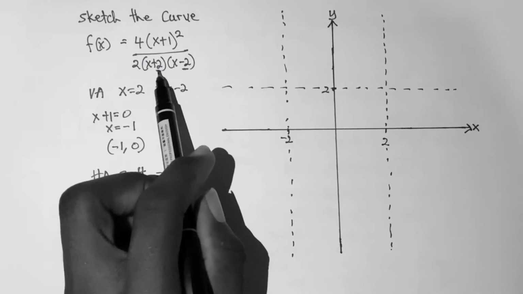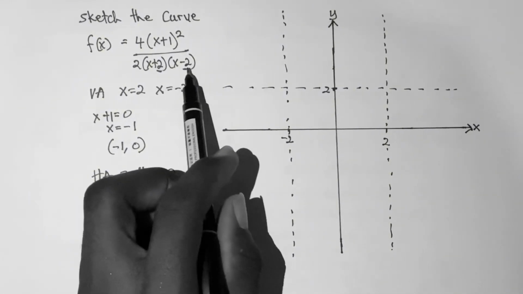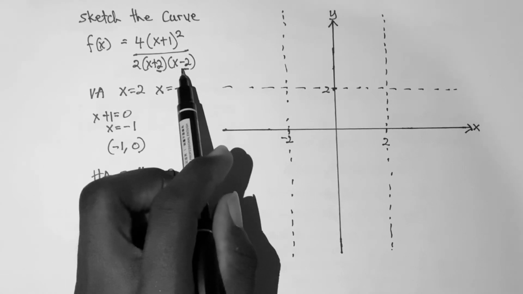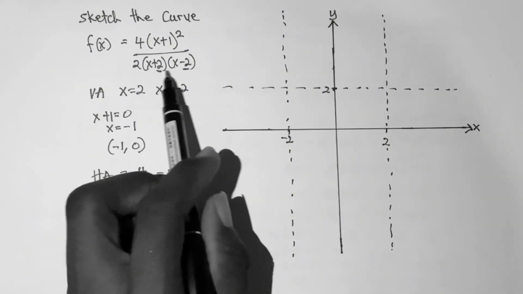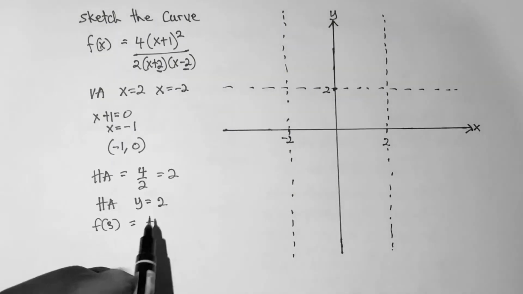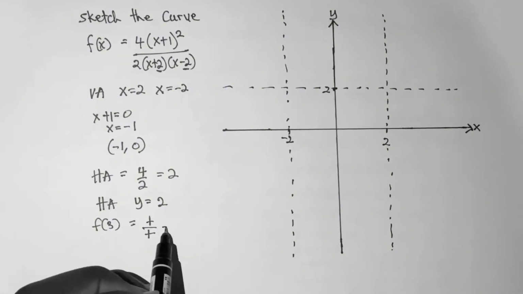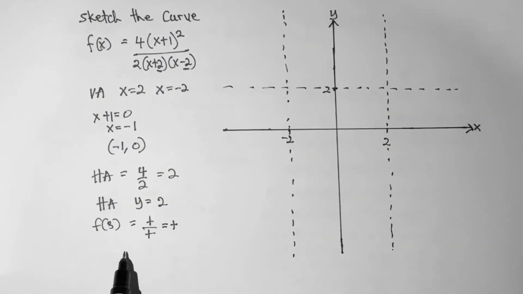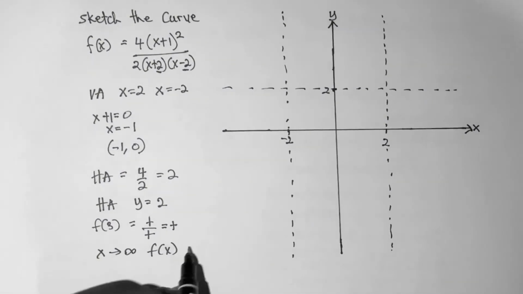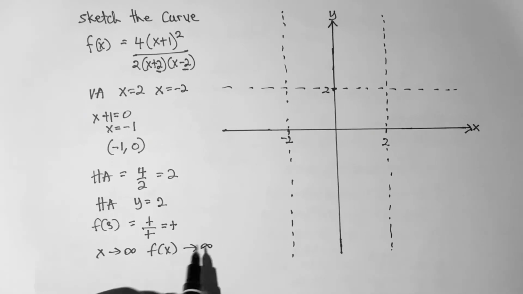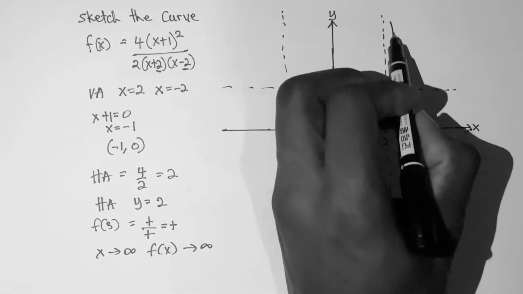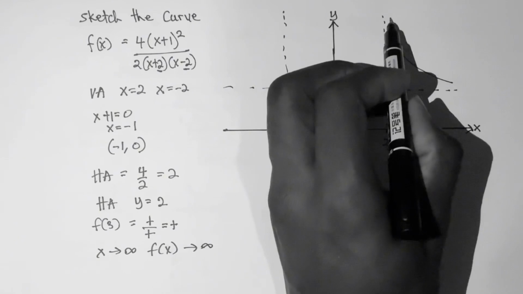Now, 3 plus 2 is a positive number, and 3 minus 2 is still a positive number. Positive number times a positive number is a positive number. Therefore, it's a positive number divided by a positive number, which is equal to a positive number. So it means that as x approaches infinity, f of x also approaches infinity. And therefore, the nature of the curve here is going to look like this.